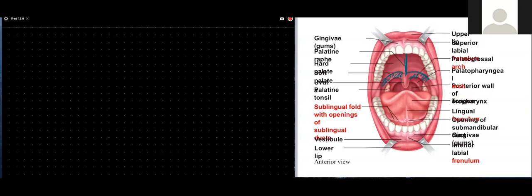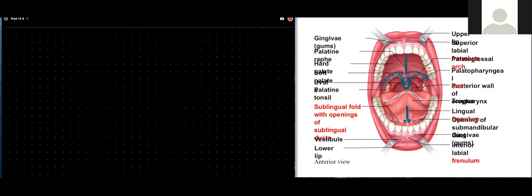And the hanging part from the soft palate is going to be the uvula. If we're looking here, this is going to be the tongue. The tongue is going to be attached by the lingual frenulum. And on both sides of the lingual frenulum, we've got the openings of the salivary glands.